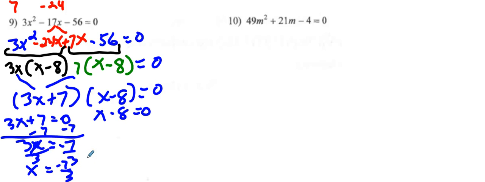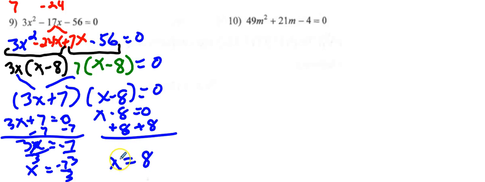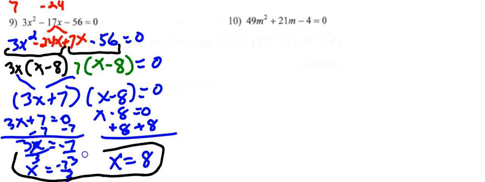The other one, we just add the 8 to the other side, and we have x equals 8. And that is solved. So we have our two solutions. You can pause to look at that, or we can move on to number 11.